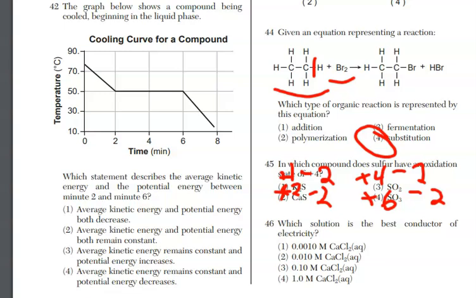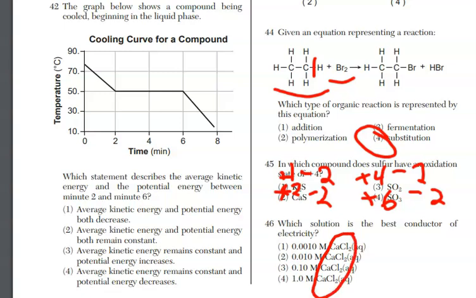46, which solution is the best conductor of electricity? When we have soluble salts, ionic compounds in water, we have electrical conduction. The only other way we have electrical conduction would be with metals. Now, when a salt breaks apart, it breaks apart into ions. It turns out that all of these solutes are exactly the same.